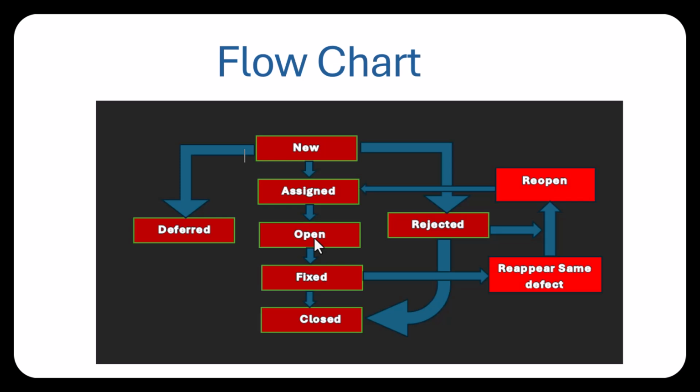And as I said in the beginning, in the new state, the testing team people are going to write all the steps, what environment and what steps they followed, all the documentation, everything they are giving. And the developer will open that particular defect and will go through the document and try to fix that particular defect. When the defect is fixed, at that time the developer will make its status as fixed and assign it back to the testing team.